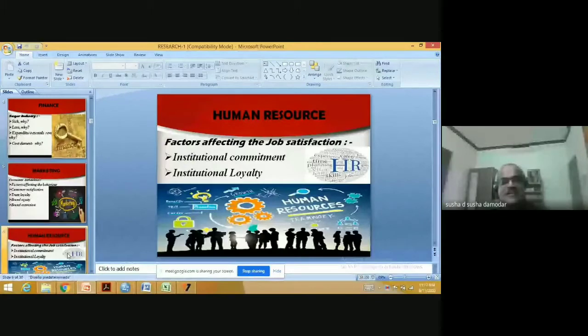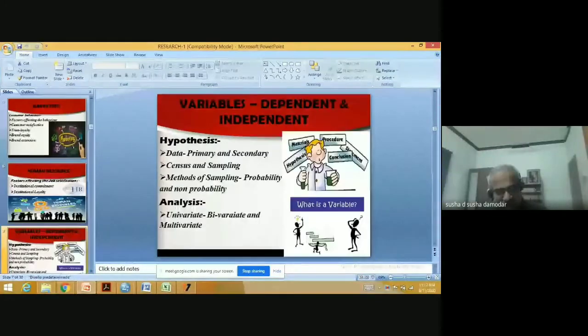So after identifying the main problem and sub-problems, define these problems very clearly and in a systematic way. Through literature review, the researcher may be in a position to identify n number of variables relating to the main problem and sub-problems.